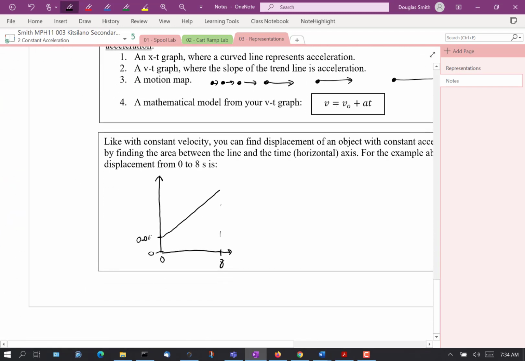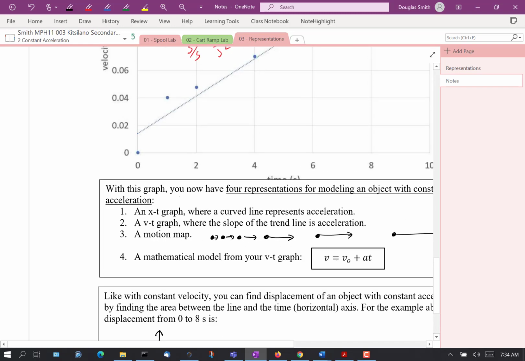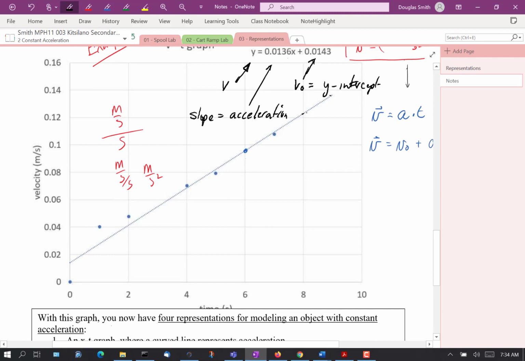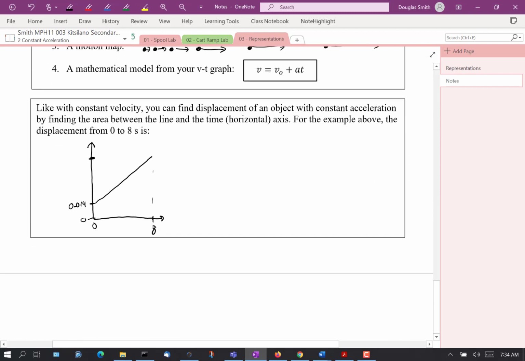And the final velocity was, looks to be at 8 seconds, I don't know, 0.123. That's my estimation. So here's that velocity time graph resketched. The area between the graph, the line, and the x-axis is that area there.